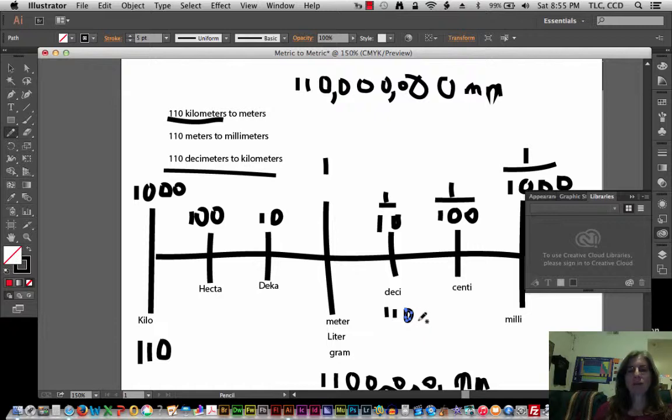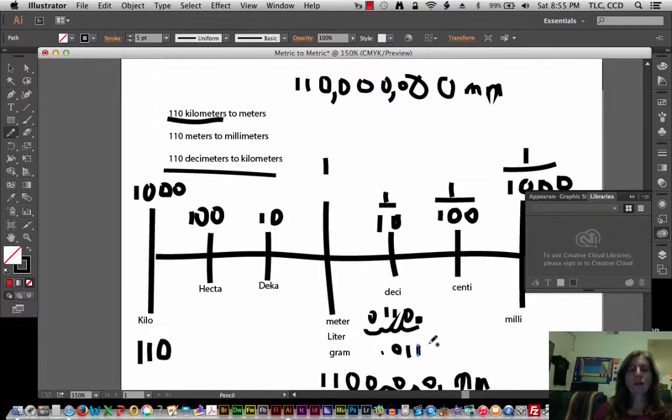Here's our decimal. Be careful with this. And we're going to move 4 places to the left. 1, 2, 3, 4. So you'd have a number that looks like 0.0110. However, you don't need to put that 0 in.